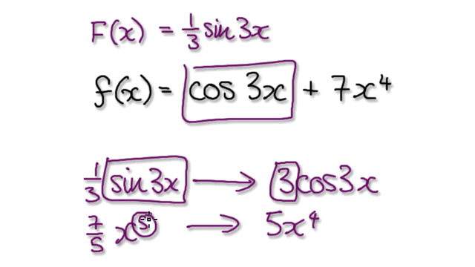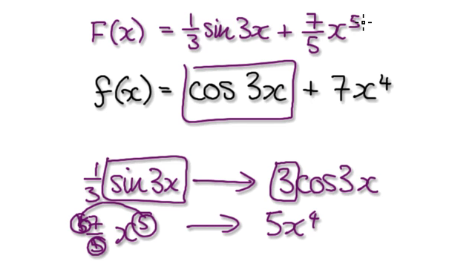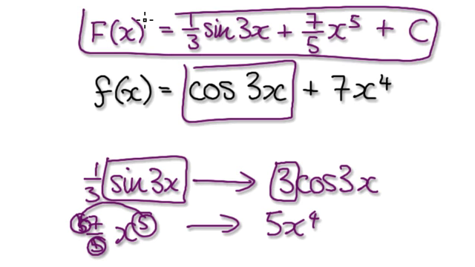You see, when you differentiate this here, the two 5s will cancel out. So this will be our guess here: 7 over 5 x to the power of 5. When you differentiate this, it will give you this here. And then for the general case, it will be plus capital C. So this here would be your answer.